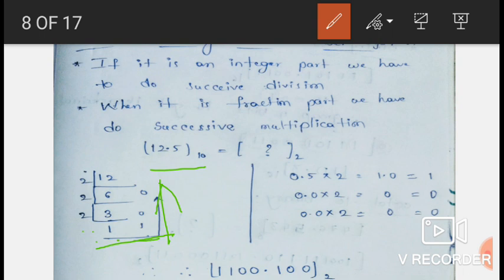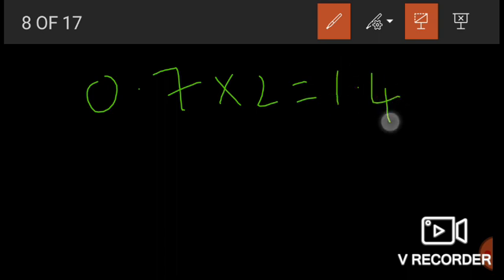If I am taking the fractional part, how do I do it? That means if I have the fraction part as 0.7, I have to multiply it by 2. The result will be 1.4 here.